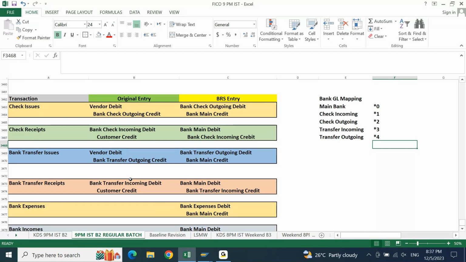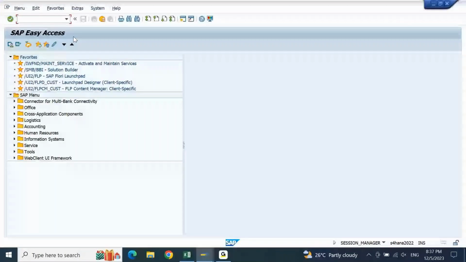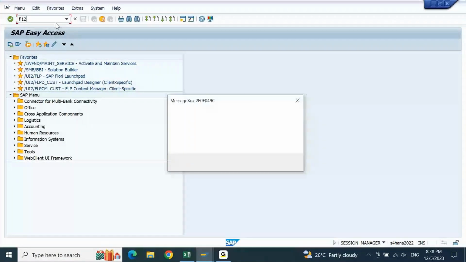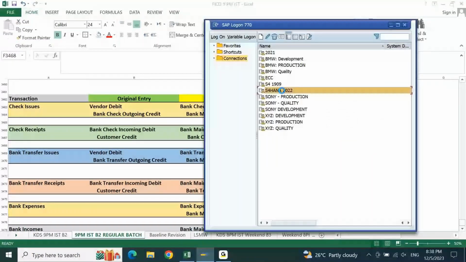In APP, did we use ending with 1 or ending with 2? Anybody remember? Go to FI12. Sorry, this is locked off. Anybody remember in APP which GL account we used?